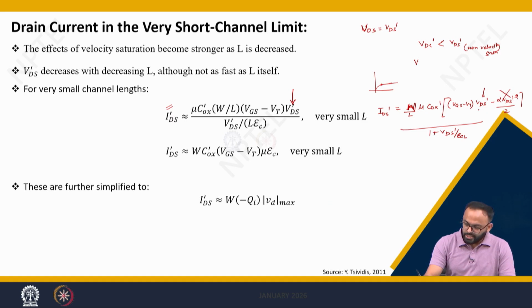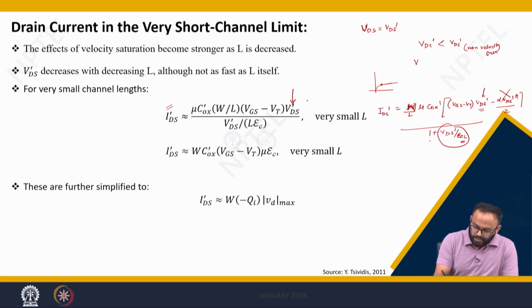This Vds dash is the value where the velocity saturation occurs. As L is very small, this factor is larger than 1, and hence you can rewrite this equation as this.